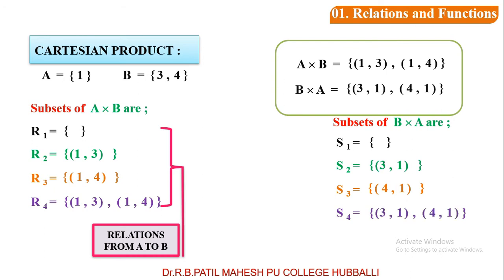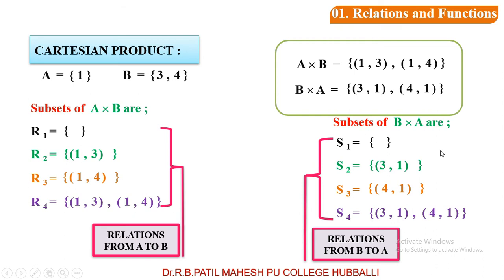Now, as the idea that you got here, subsets of A cross B are called relations from A to B. Now you can think subsets of B cross A are relations from B to A. Try to understand. Subsets of B cross A are relations from the set B to the set A. So from these two examples, we come to the conclusion that a relation is a subset of the Cartesian product of two non-empty sets. Hope you understood this relation definition from Cartesian product.